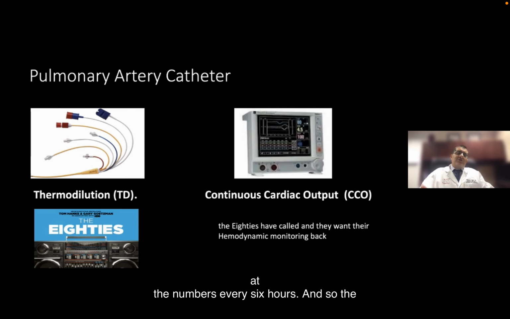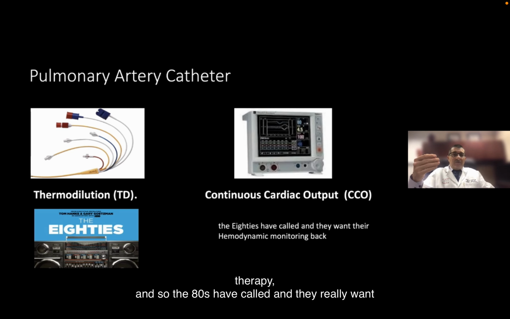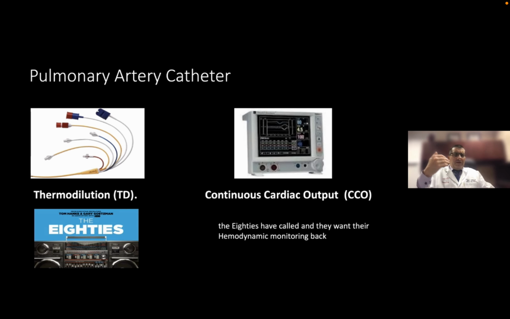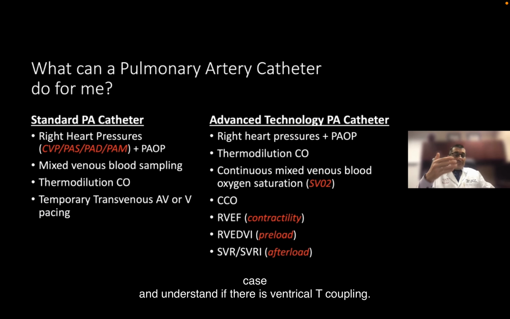And so the continuous cardiac output, which has not got a lot of traction in the world, but is very, very important, allows us to start looking at continuous outputs and RVEF and EDVIs as you're doing the therapy. And so the 80s have called, and they really want their thermal dilution monitors back. But the most important is we have the ability to look at left and right, which I had in that previous case, and understand if there is ventricle decoupling.